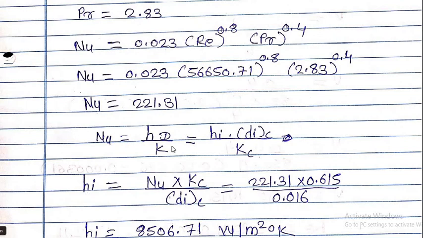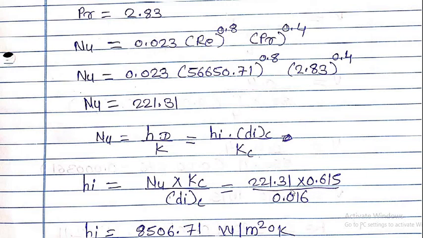For the calculation we have to rearrange this equation in this format: h_i is equal to Nu multiplied by k_c divided by D_i,c. All the values we know, so just put them in. The Nusselt number is 221.31, multiplied by the thermal conductivity, 0.615 for the water.